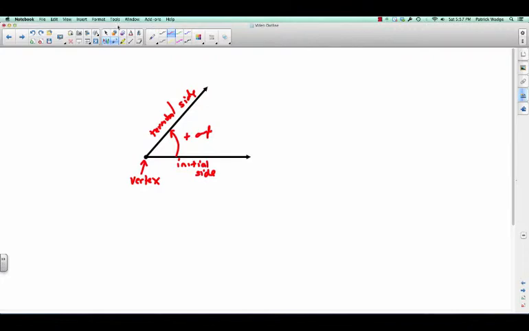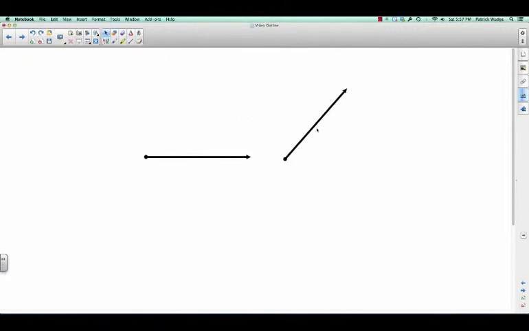Just to give you another example of that, let's say that one ray started here, and that's my initial. It doesn't have to go straight out like this. Let's say this is the initial. And then I took another ray, and I start at exactly the same spot, so they're both at the initial side here, and I rotate, but this time I rotate it clockwise like this, and somewhere I stop.